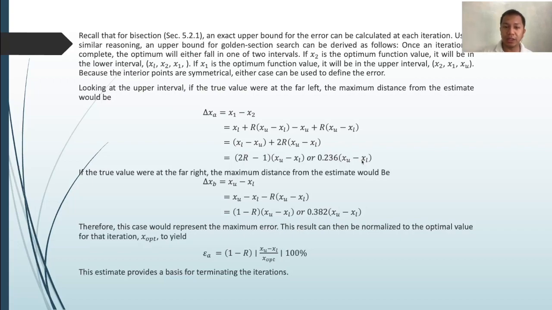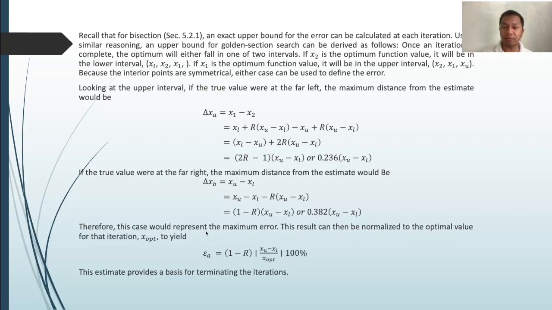If the true value is at the far right, the maximum distance from the estimate would be 0.382 times xu minus xl. Therefore, this case represents the maximum error.